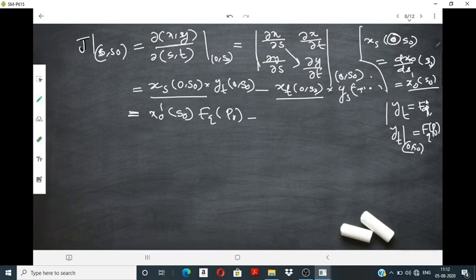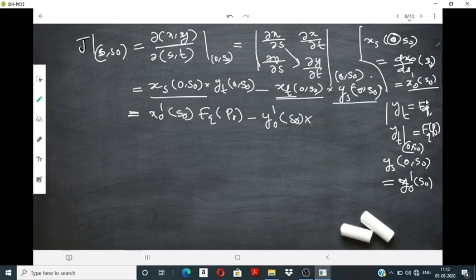So ys at 0 is not is actually y naught dash at s naught, so this is equal to y naught dash at s naught into xt. Now, what is xt? From the first characteristic equation, xt is fp, and fp at the point 0 is not means fp at p naught.